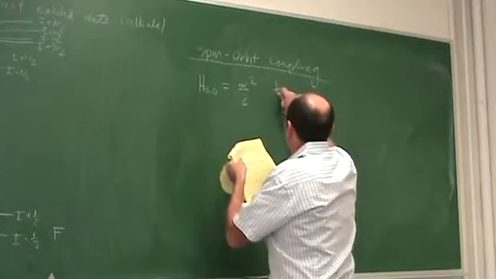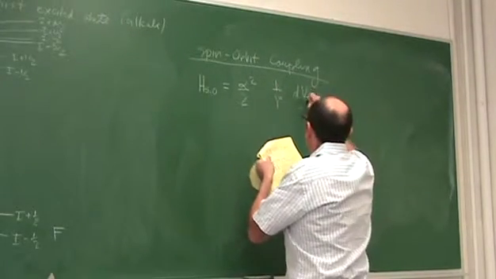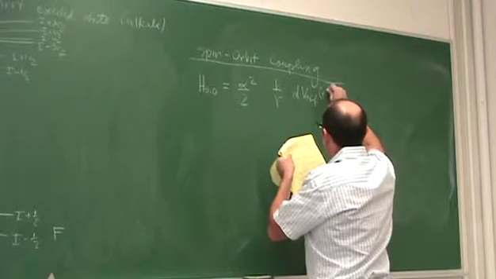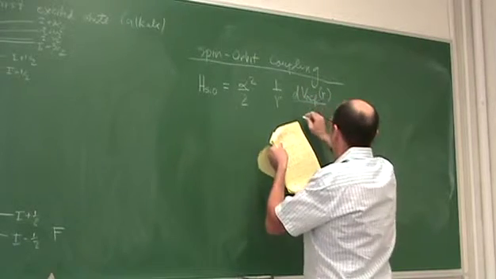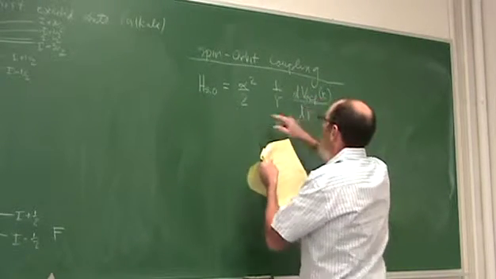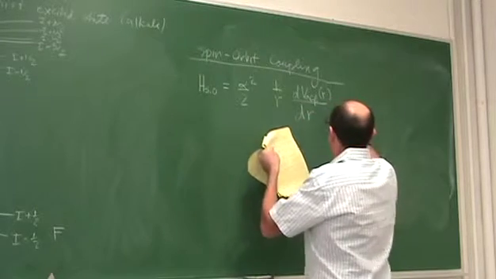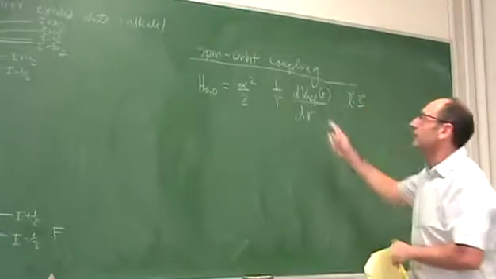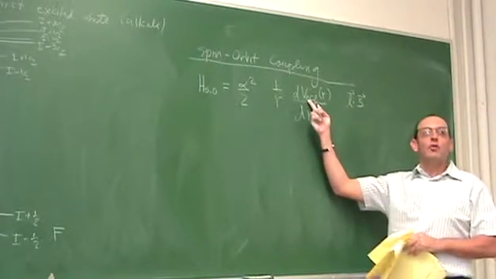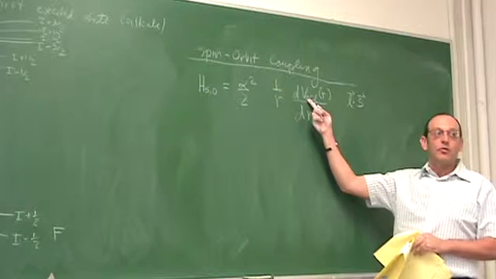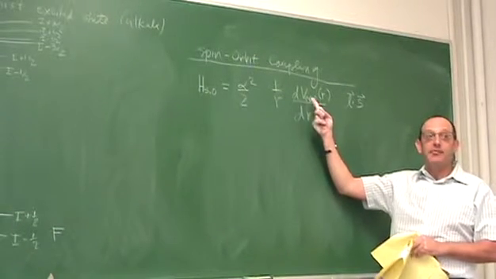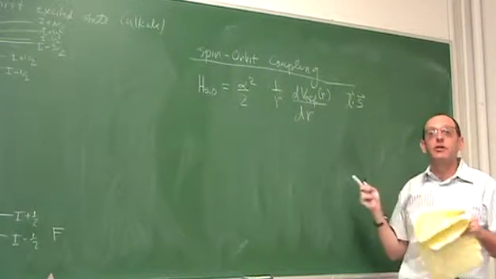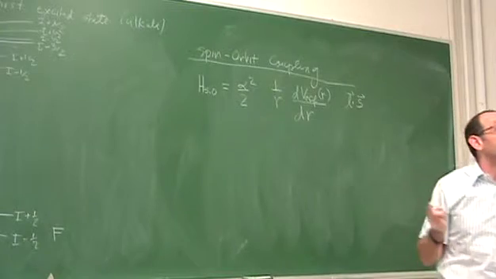involves the electric field, which becomes a magnetic field in the frame of the electron. It's moving around with some speed. And then we have L·S. Now what we had before was a 1/r potential for hydrogen, or a hydrogenic atom. Now it is the effective potential from the central field approximation.